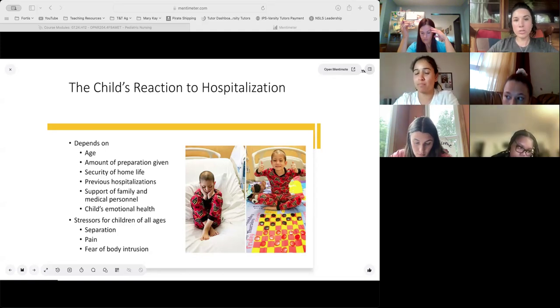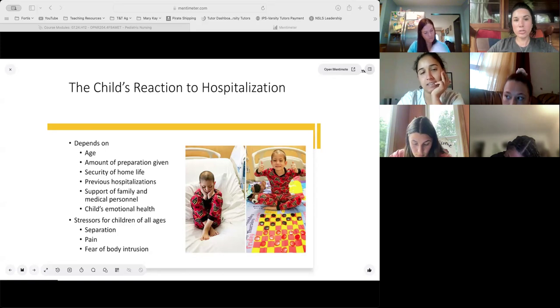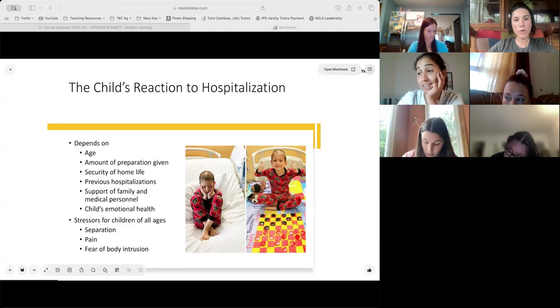Also, their general support system. Do they have family that can be at the bedside all the time? Or are parents going to be split between other siblings or their work schedule? And then their overall emotional health is going to dictate how well they handle being hospitalized.